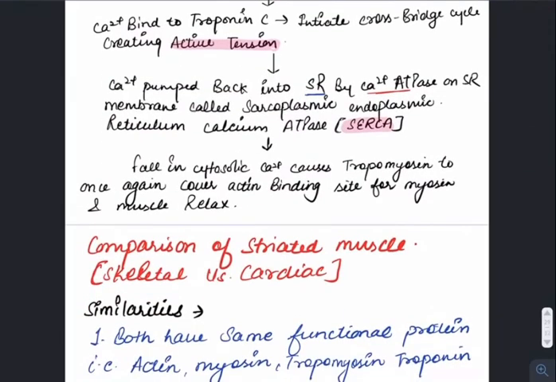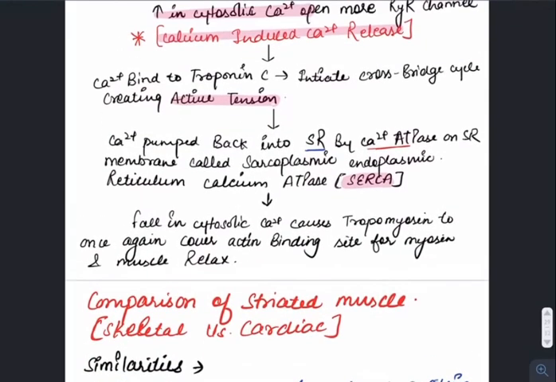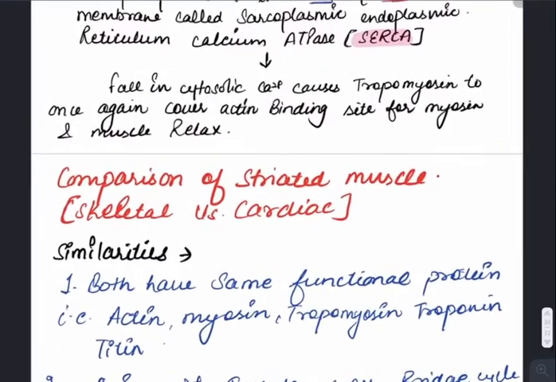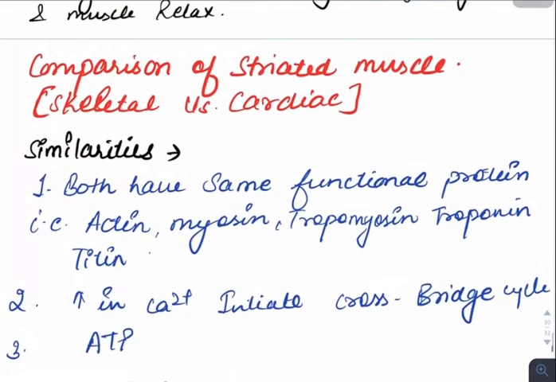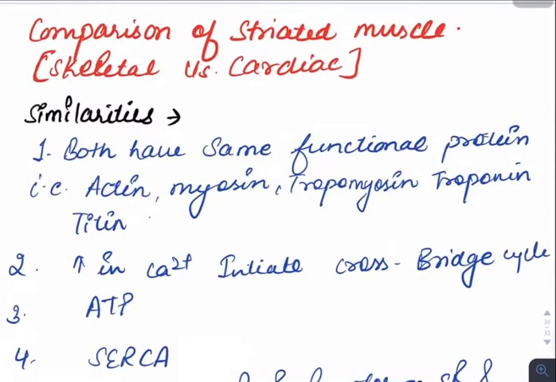Skeletal muscle is a striated muscle, and cardiac muscle is also a striated muscle. Now we will compare skeletal muscle and cardiac muscle: what similarities and differences they have, including in their excitation contraction coupling mechanism. First, the similarities. Both have the same functional proteins: actin, myosin, tropomyosin, troponin, and titin.